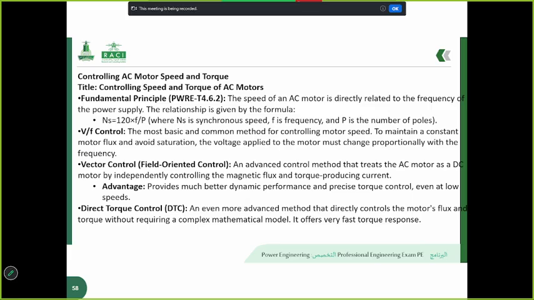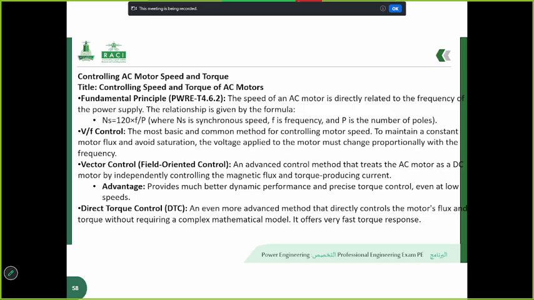This relationship is defined by the formula Ns is equal to 120 times f over P, where Ns is the synchronous speed of the motor in revolutions per minute, f is the supply frequency in hertz, and P is the number of motor poles. So by varying the output frequency of the motor drive, the rotational speed of the motor can be precisely adjusted.